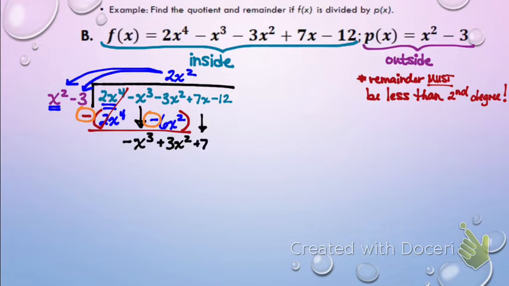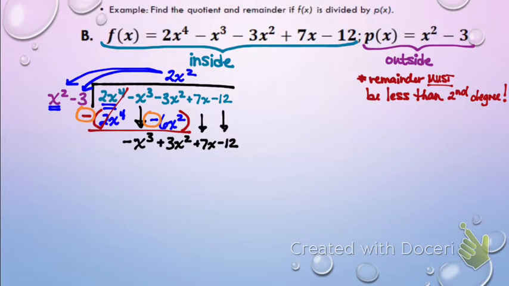Drop down my plus 7x. Drop down my minus 12. Can I stop here? No. Why not? Because you still have x cubed and x squared. The degree of my remainder is currently higher than the degree of my divisor. So I have to keep going.